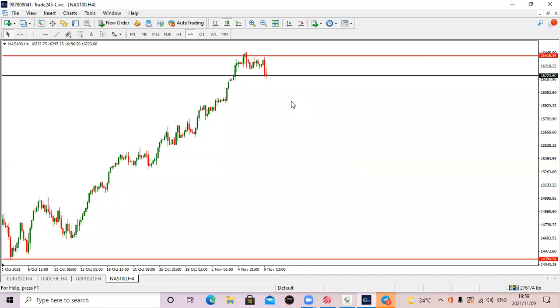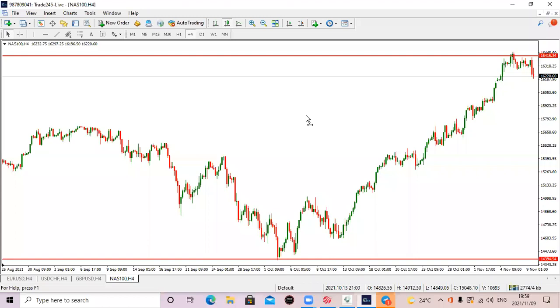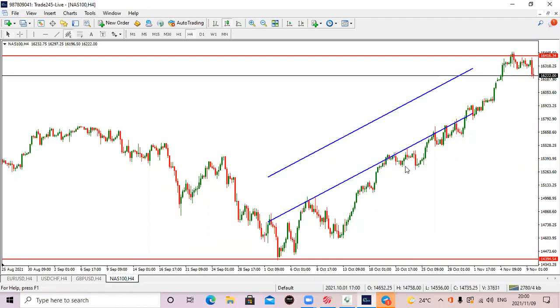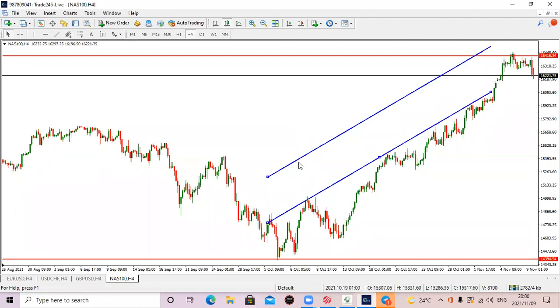When the market is going up, we're looking for buys. Okay, so now this is my H4, and I'm going to use the equestrian channel where I'm going to mark my structure.